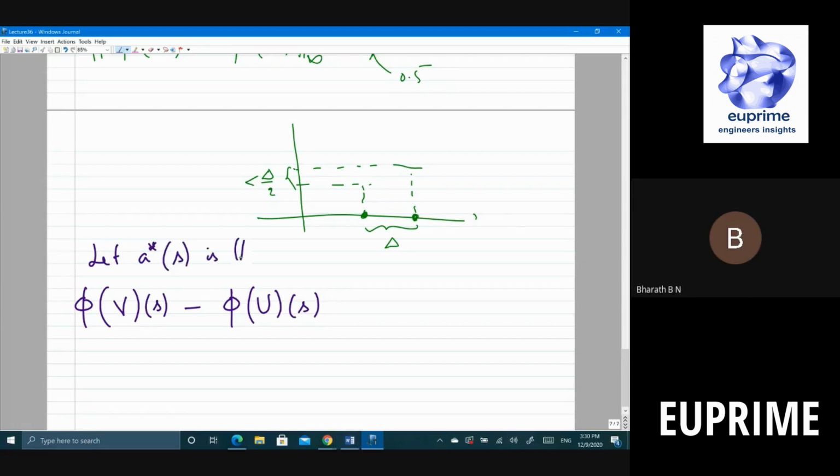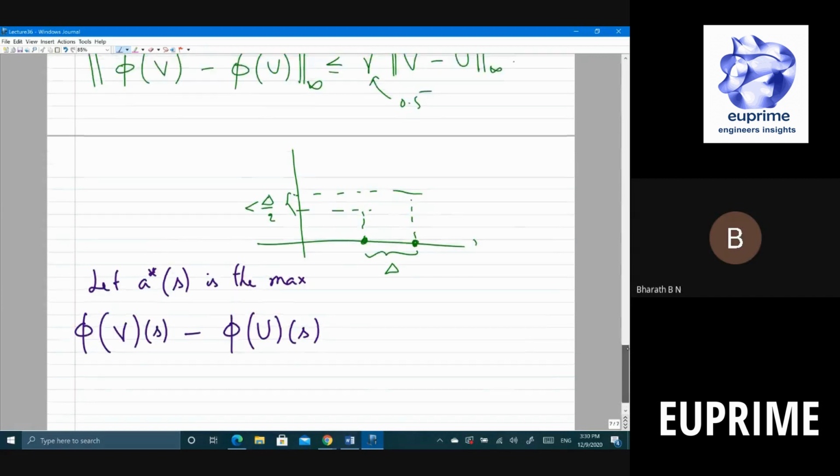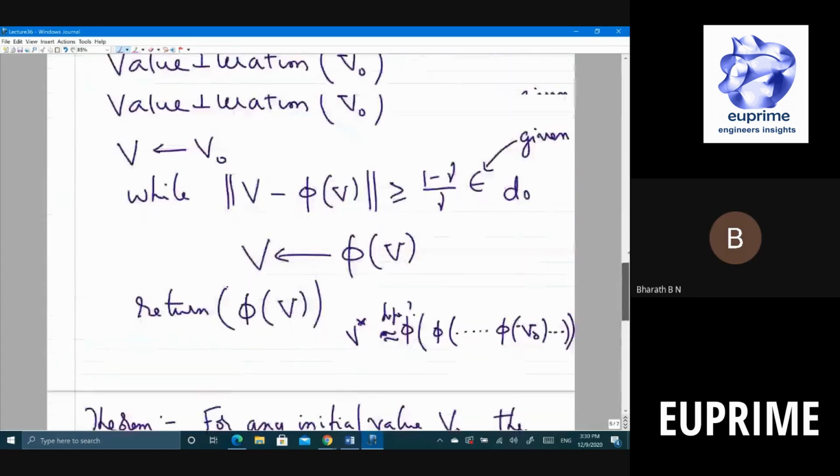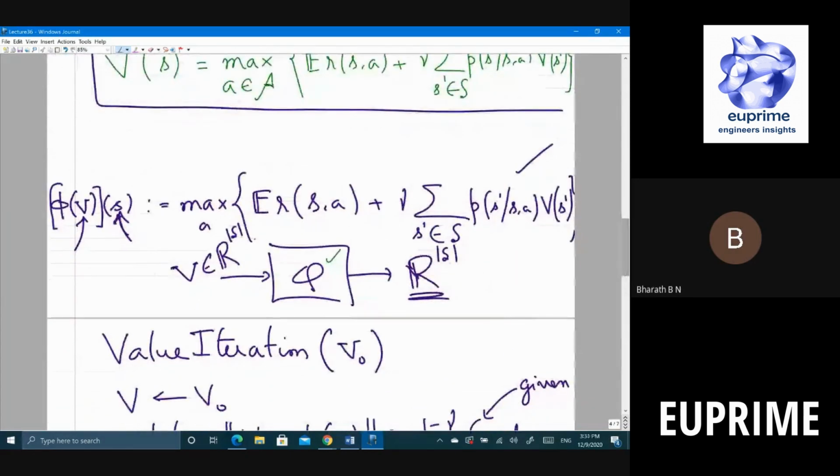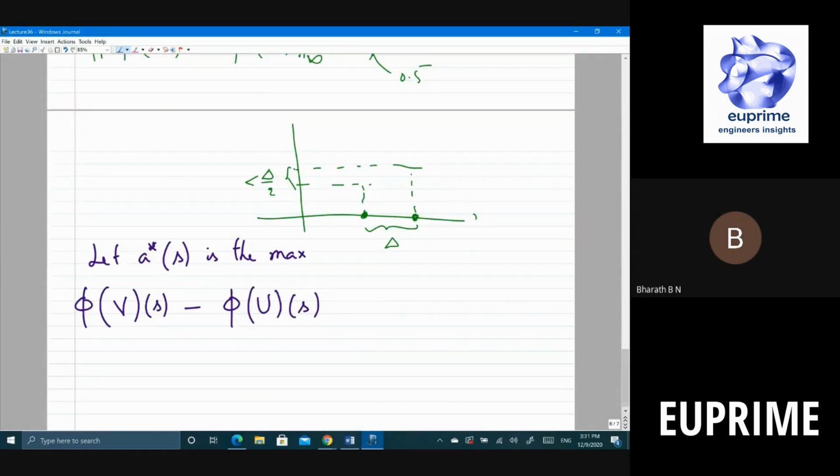If you look at the definition of phi of v of s, let's assume that if you solve this problem, the action that you get is a star of s for a state s. Is that okay? This is the max action defining phi of v of s.